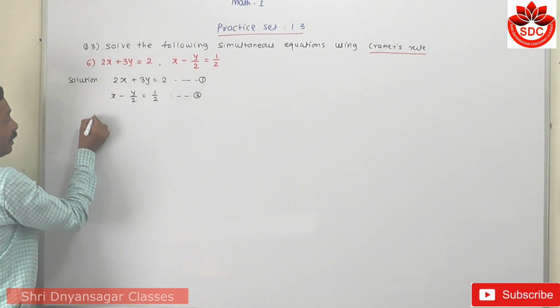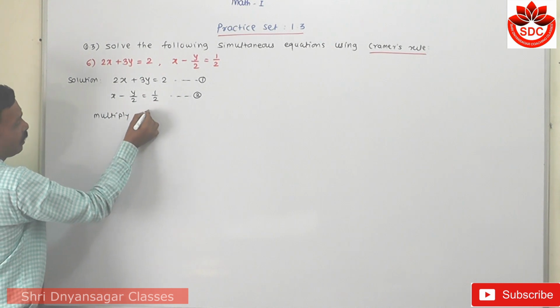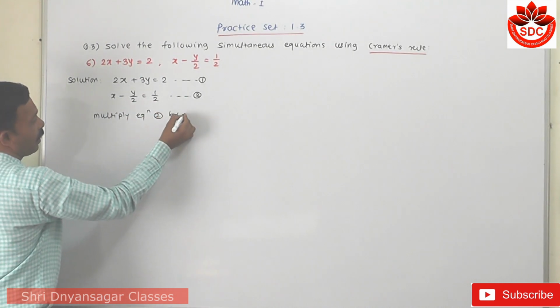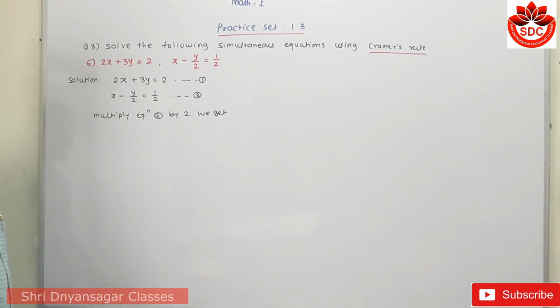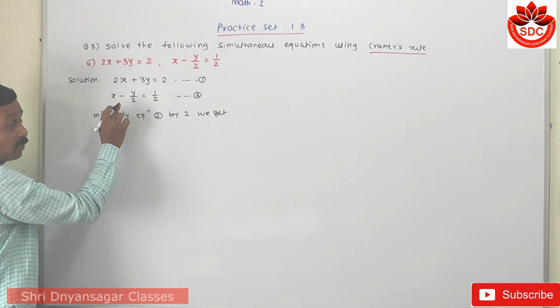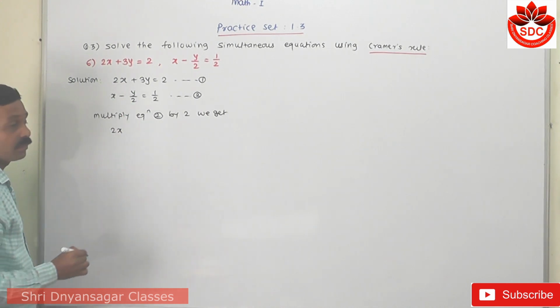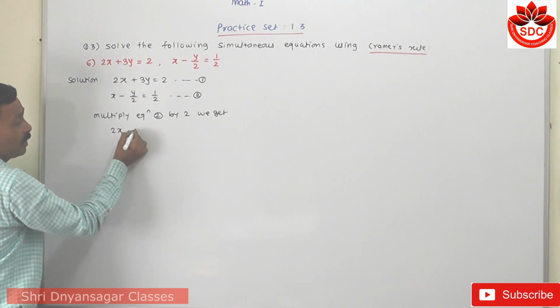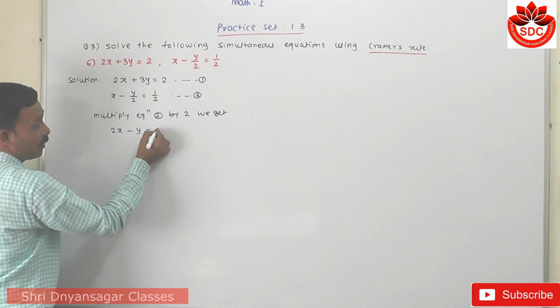Multiply equation second by 2, we get, when we multiply the second equation by 2 to each term, 2 into x is 2x, the 2s cancel, that is minus y is equal to, the 2s cancel, that is 1.